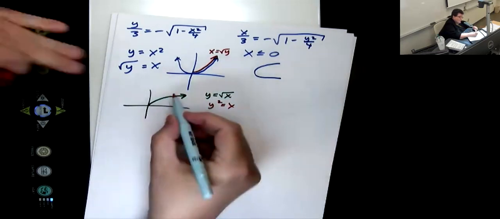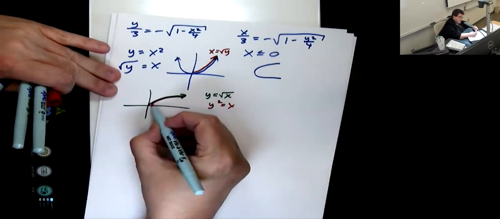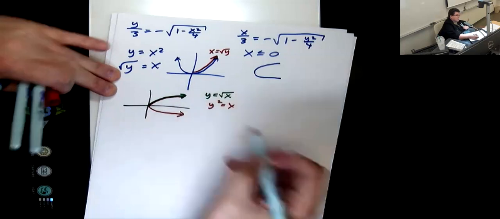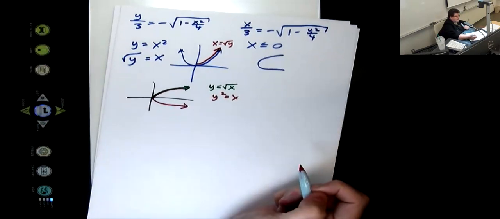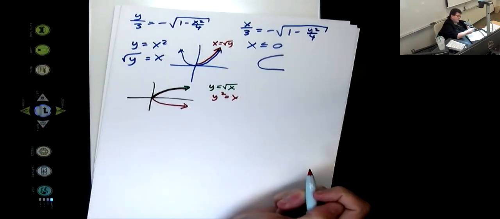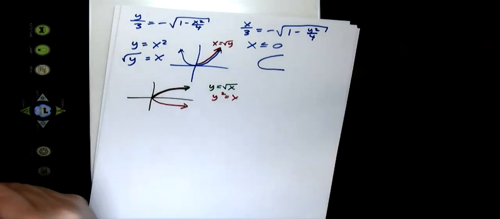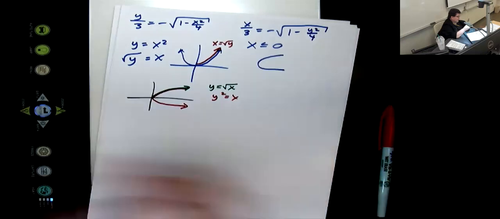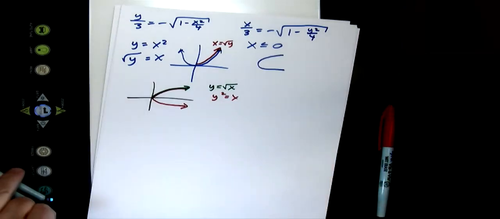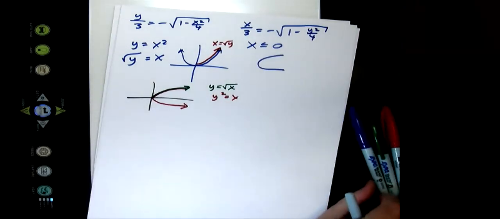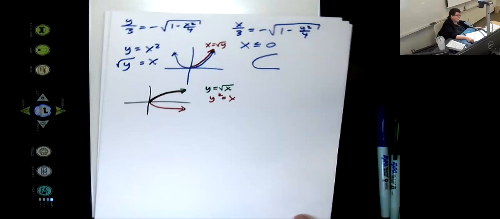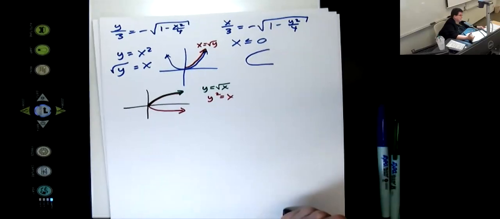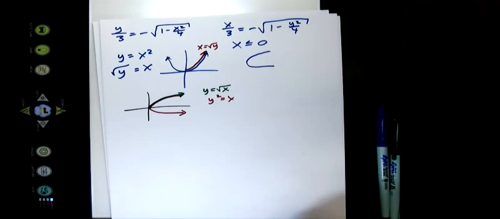And the graph of y squared equals x includes the other side. So the square root cuts your thing in half. And if you're still stuck on that, I'll have to go over it with you more later. We've got to keep going. Yeah, it's fine. Don't worry.